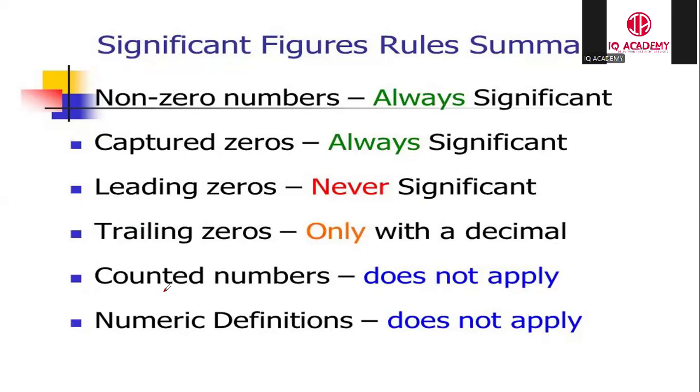And then exact numbers, which can be grouped into counted numbers like those 14 pencils, or numeric definitions like 1 inch is equal to 2.54 centimeters, do not have any significant figures. So take note of that.